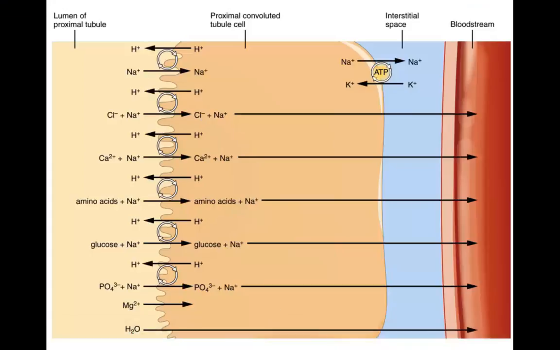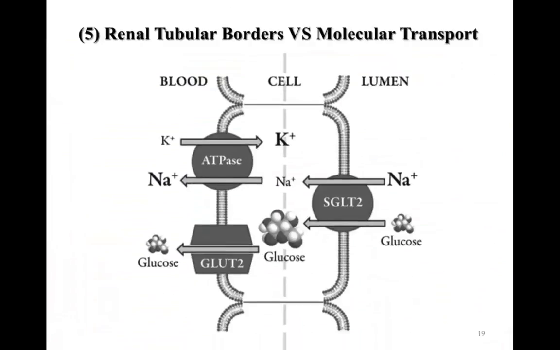An example of co-transport is glucose reabsorption from renal tubules, which needs sodium glucose transport protein SGLT2 to cross the luminal border, and glucose transport protein GLUT2 to cross the basolateral membrane.